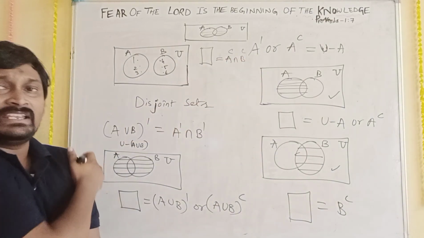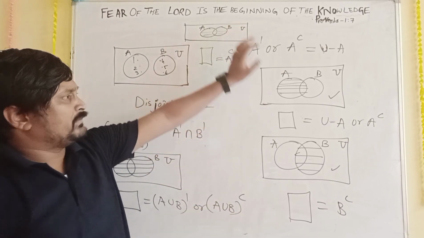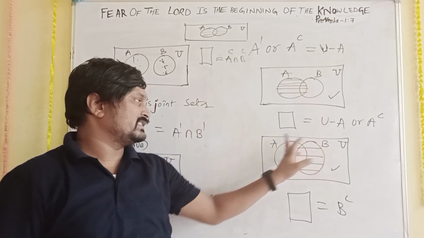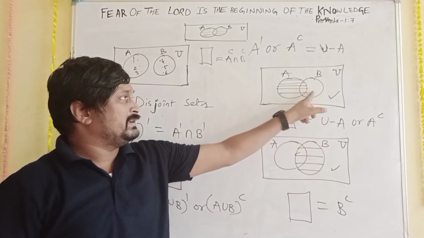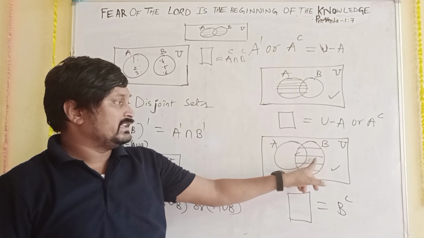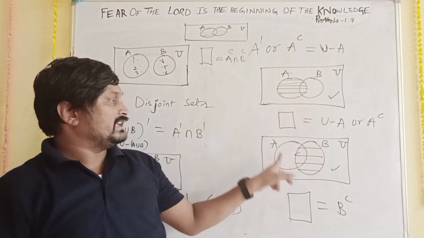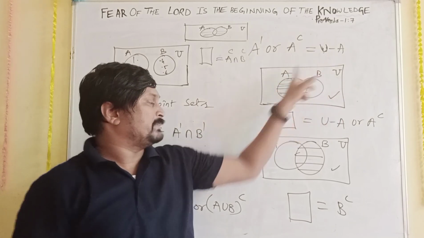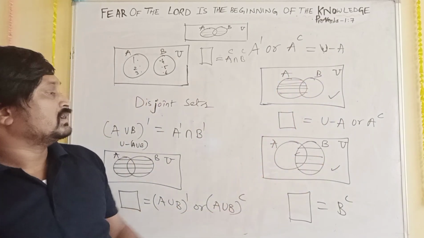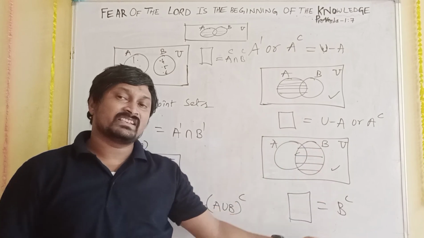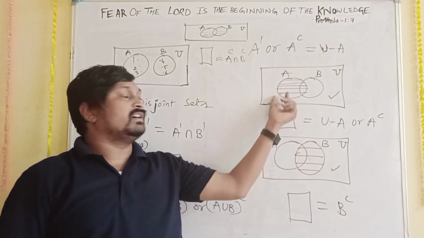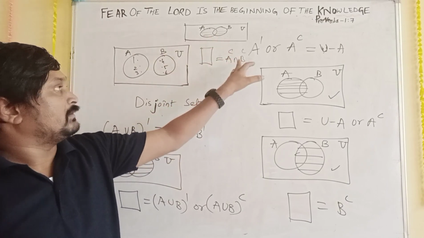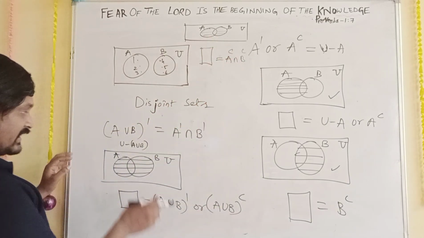The common area is the outside of these two sets, because here B is not common, as B is there, and here A is not common, as A is there. So only the empty space left is A complement intersection B complement, the common area.